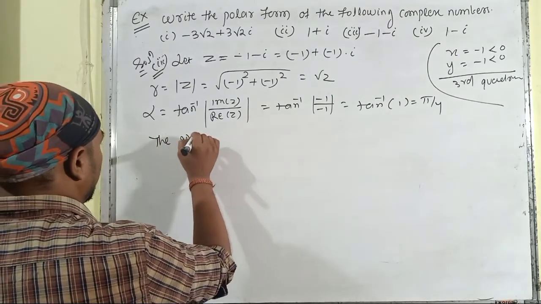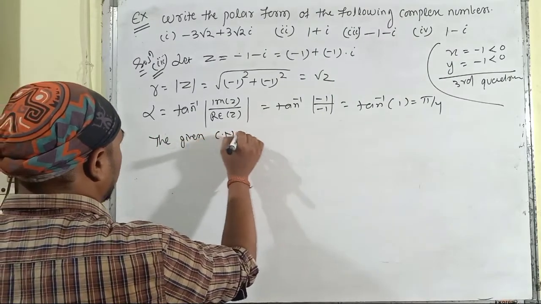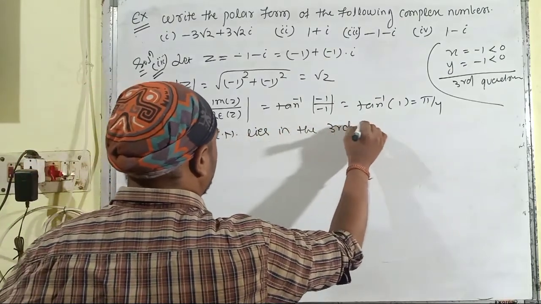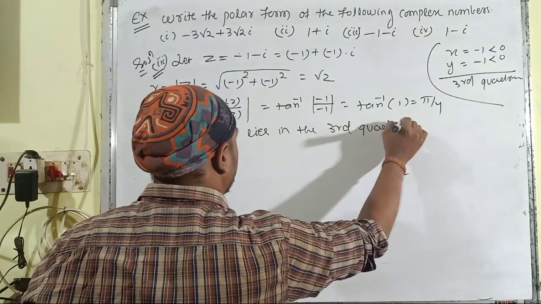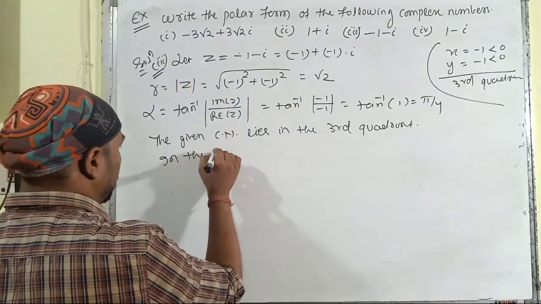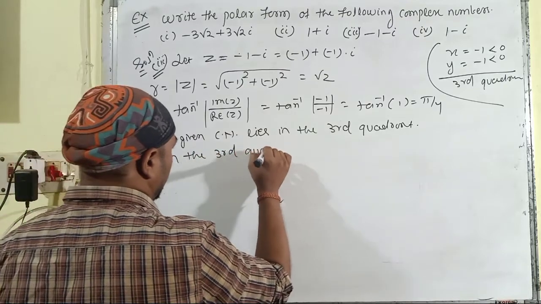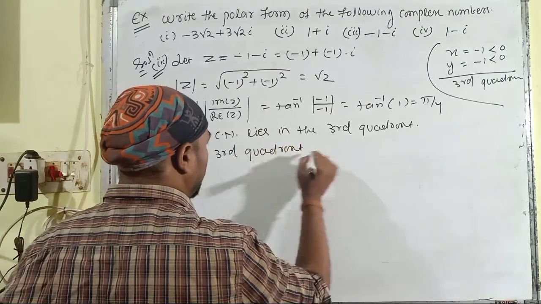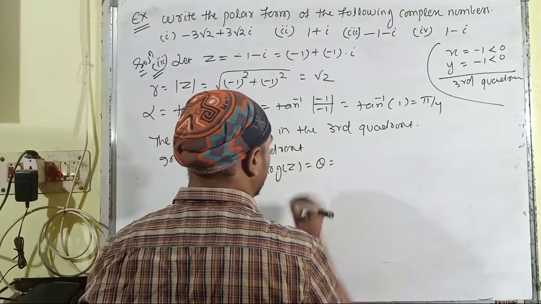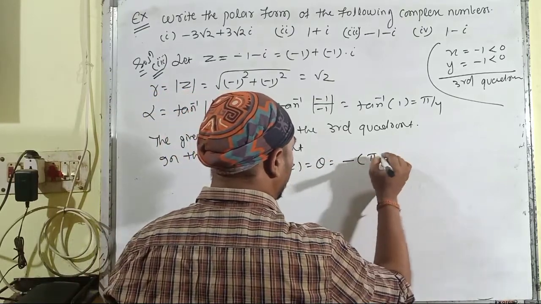The given complex number lies in the third quadrant. In the third quadrant, argument of z, theta, is equal to minus pi minus alpha.